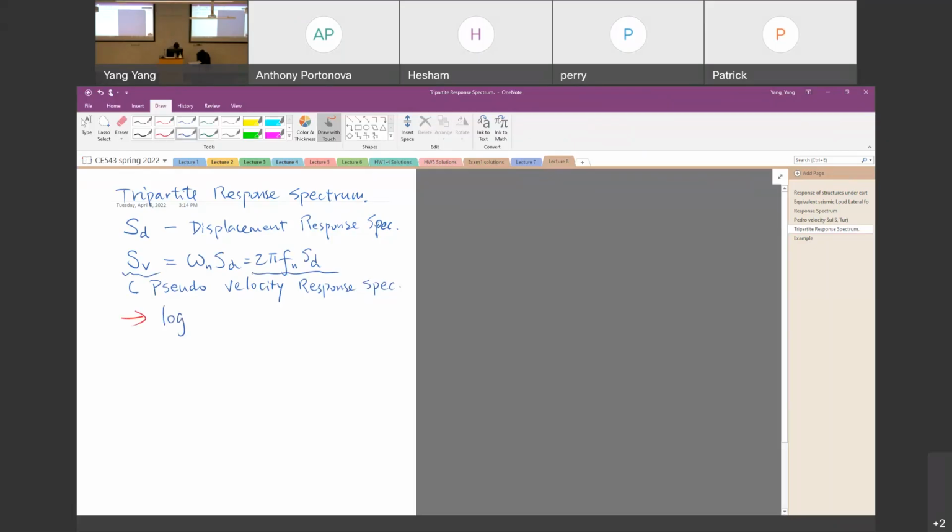And similarly for the pseudo acceleration, we know that the pseudo acceleration is equal to omega n times the pseudo velocity. So similarly, you can get that.